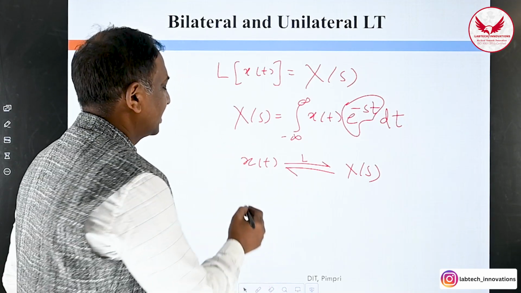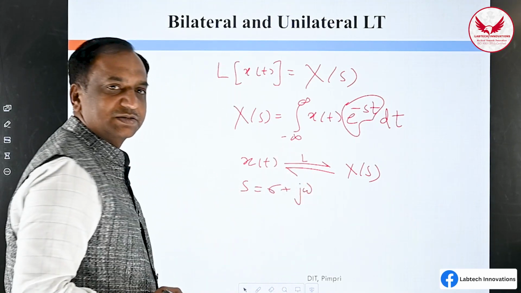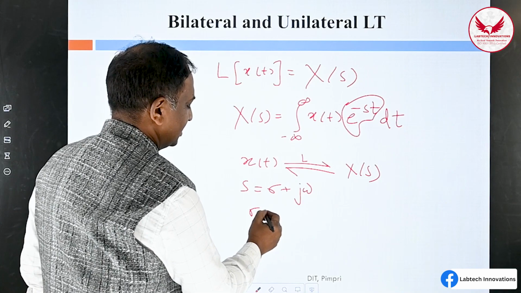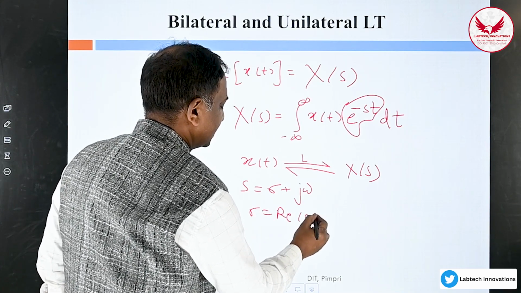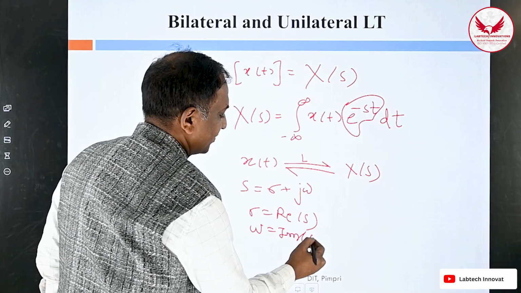So already we have seen, and s is equal to sigma plus j omega, which is a complex frequency plane, and sigma is equal to real part of s and omega is equal to imaginary part of s.